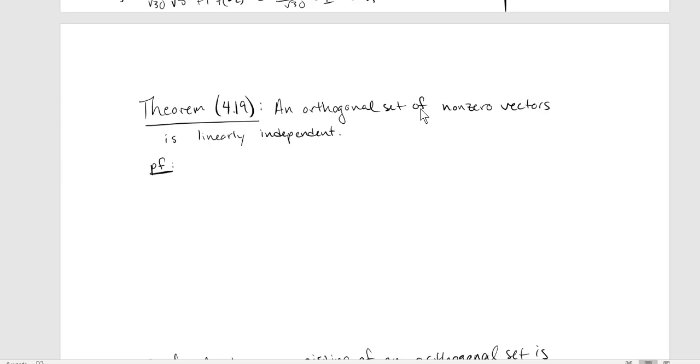Let's consider the orthogonal set of non-zero vectors, V1 through Vn.